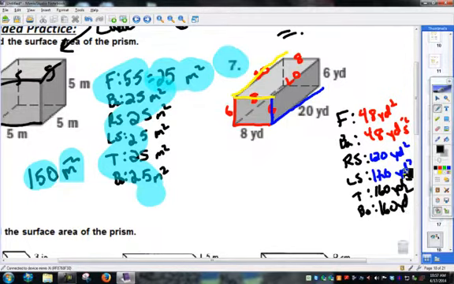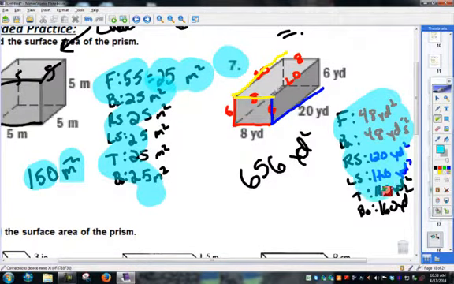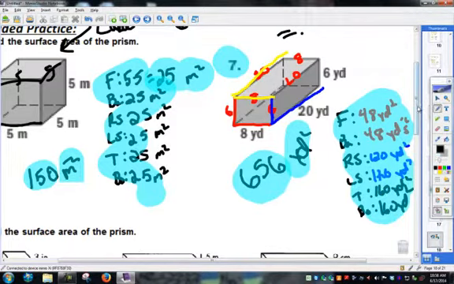Add all these up. 48 plus 48 plus 120 plus 120 plus 160 plus 160 equals 656. Hopefully that's what you got as your answer. Yards squared. Again, the 3 points here for the test. Right there. Answer, units. 3 points on all these.